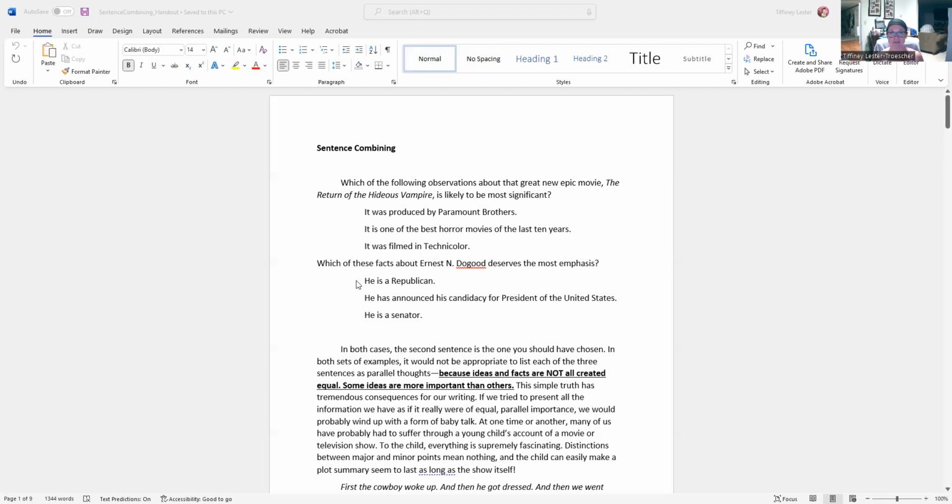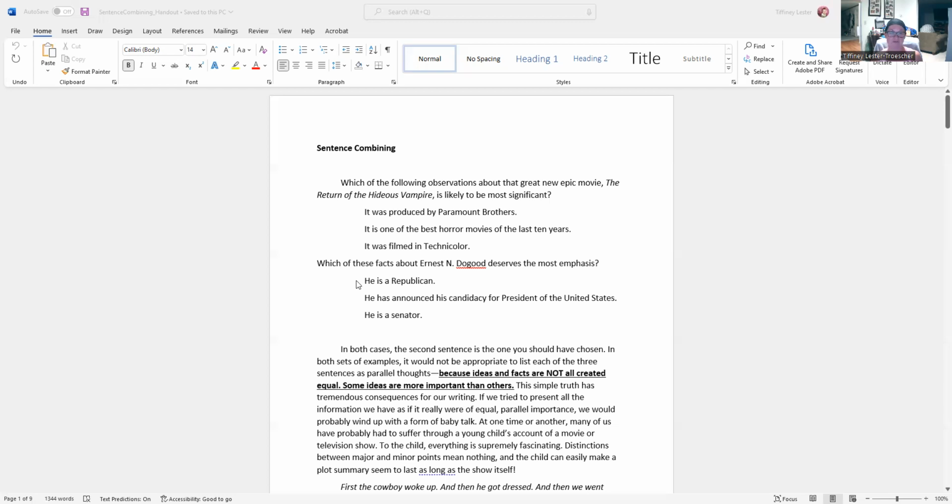But they're not really. If we combine these sentences, then we can perhaps let our reader know which is the most important idea, but at the same time still giving them those two lesser important ideas. We will take a look at how we best do that here in a moment.